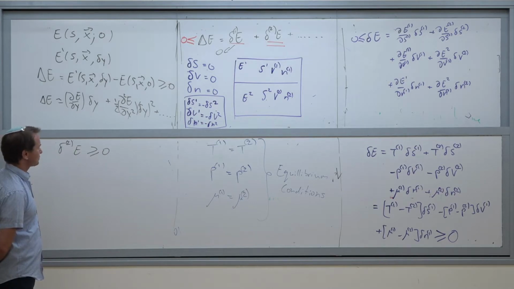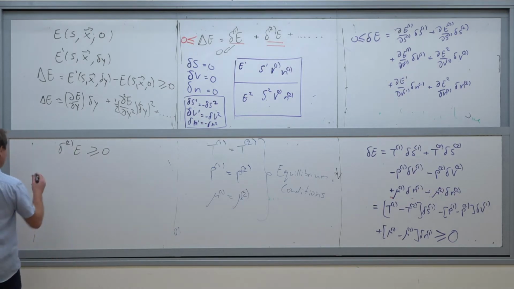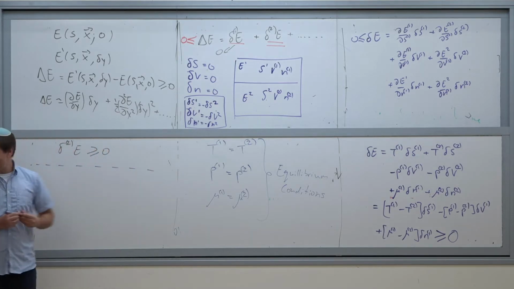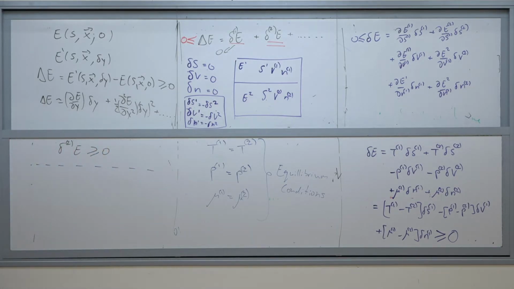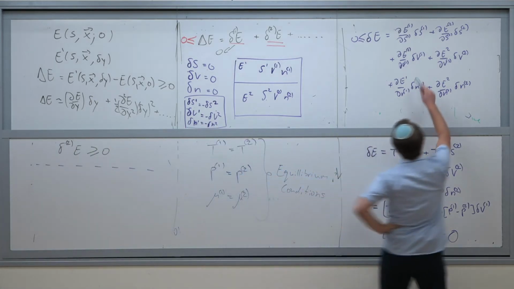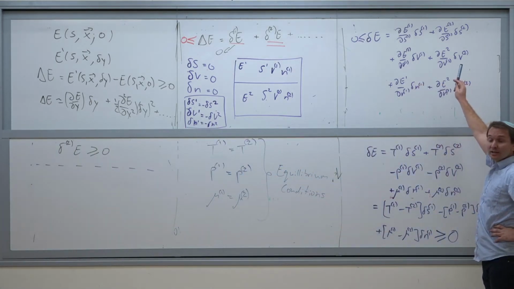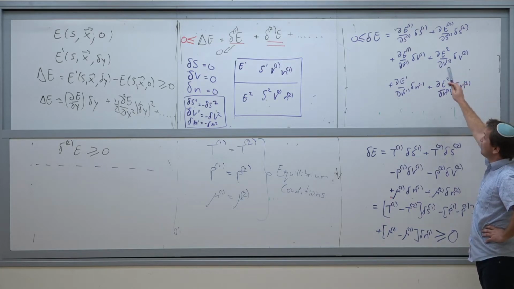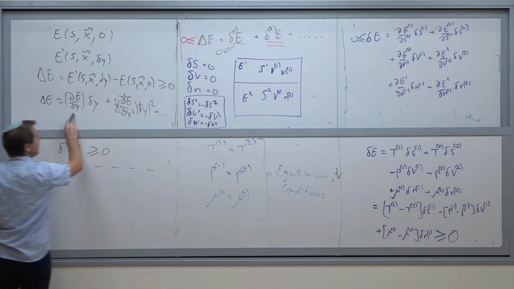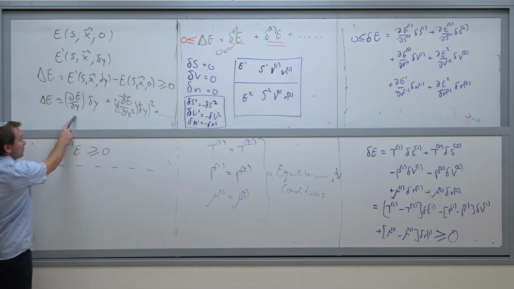All right, so how do we do it? We do it in exactly the same fashion as we did for the first variation. We are expanding it to the second derivative. The first variation is described by partial derivatives of the first order.